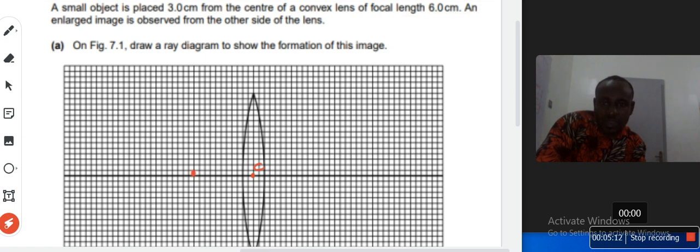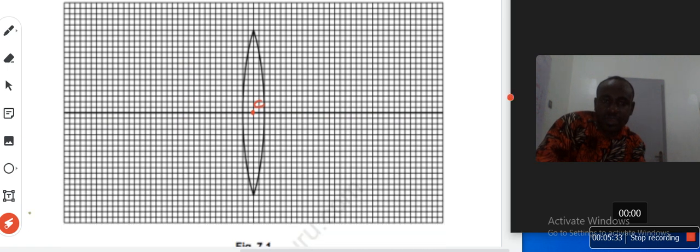So we just measure 3 centimeters and place the object of any height, and also measure 6 centimeters for the focal length on one side, and 6 centimeters again for the focal length on the other side. Then it says an enlarged image is observed. By drawing that, we also see the enlarged image, just the same way we did for the other one.